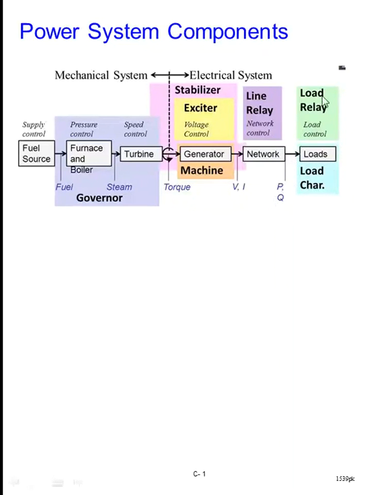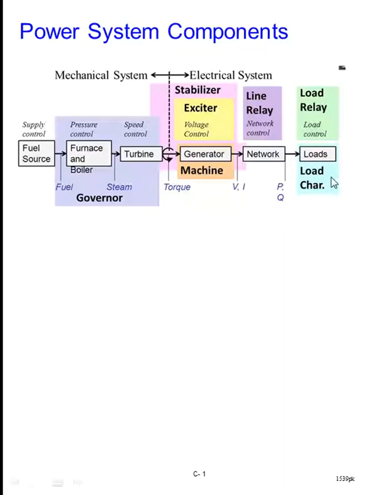In some cases, we also provide a load relay, because in some cases we need to control the frequency. If we want to control the frequency of the interconnected system, and thus achieve a balance between the source side generation and the demand from the load side.